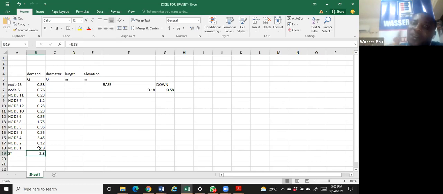That will give you the size of the storage tank for 1 day pumping, 24-hour storage. Did you understand that? If I convert this 2.8 liters per second to liters per day, that will give me an idea of the size of storage I need for 1 day if I'm pumping only once.